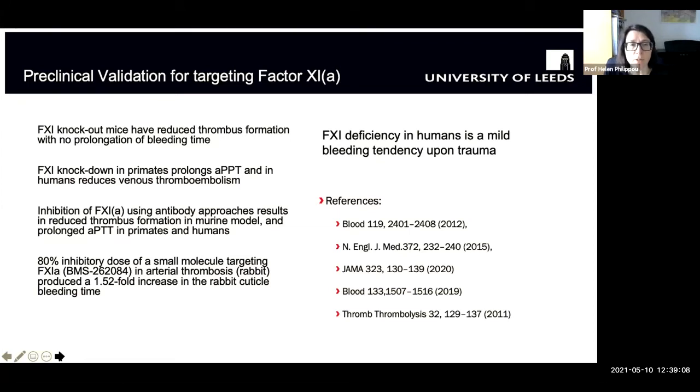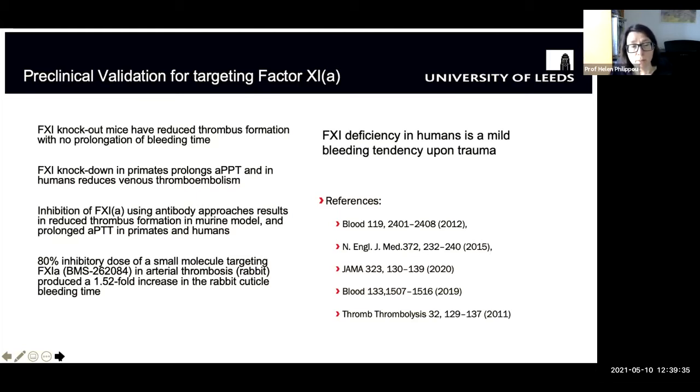Factor 11 can be knocked down in primates, and this prolongs the APTT time and reduces venous thromboembolism in the study that was just mentioned. And inhibiting activated factor 11 using antibody approaches also results in a reduction in thrombus formation in murine models, and this is associated with, in primates, a prolongation of APTT.